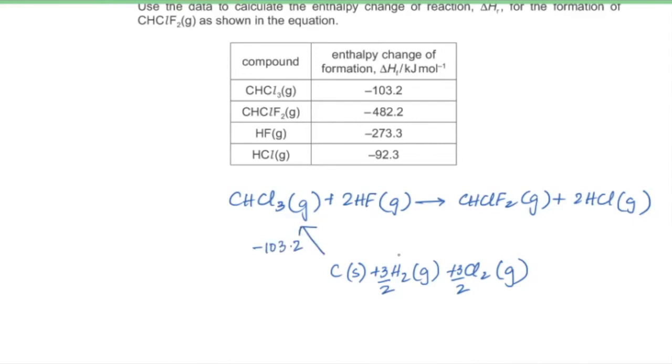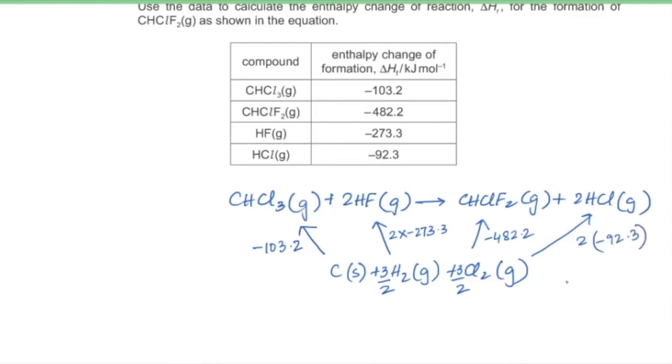103.2. 2 moles of HF forms out of hydrogen and fluorine in their standard state, so we will multiply 2 into the enthalpy change of formation of 1 mole of HF, which is negative 273.3. 1 mole of CHClF2 forms, which means this will be labeled as negative 482.2, and 2 moles of HCl forms means 2 into the enthalpy change of formation of HCl, which is negative 92.3.